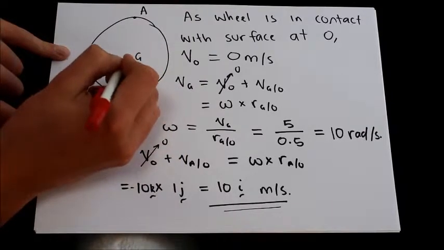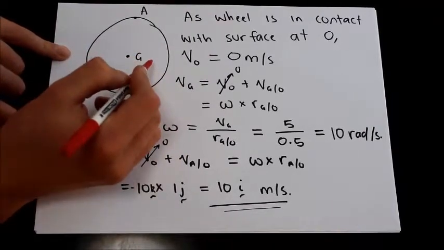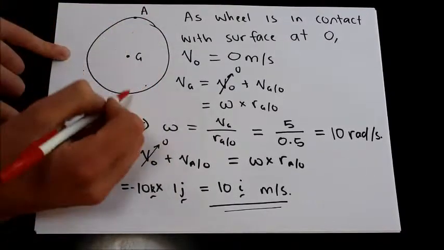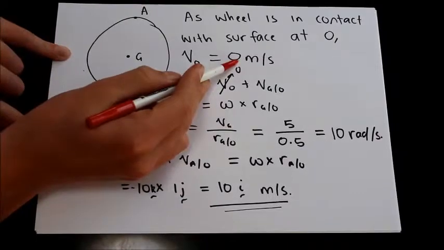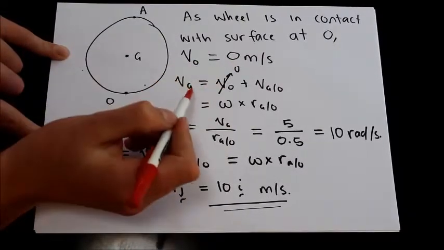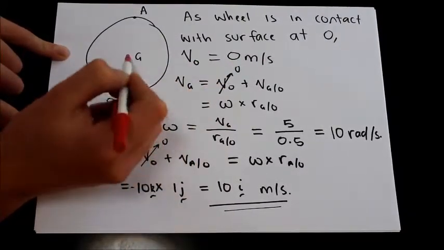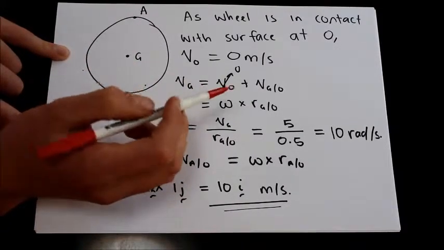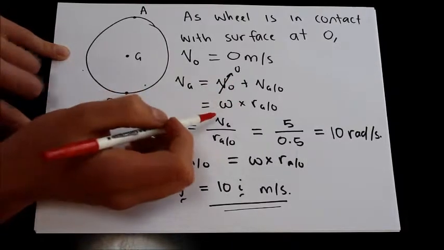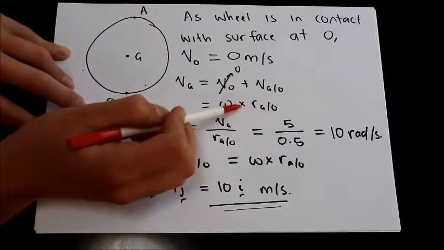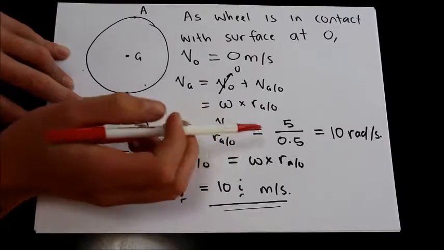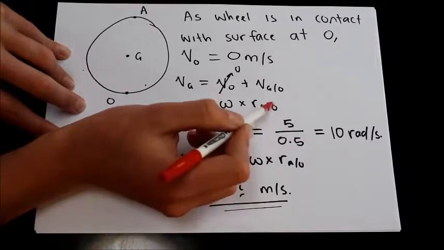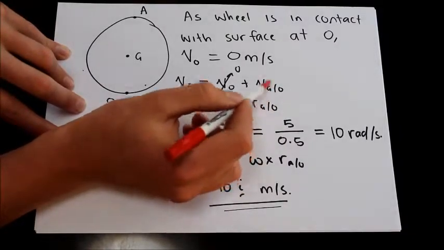We're given that the velocity at G is 5 meters per second to the right, and we know, based on our rolling problems, that the velocity at O is equal to 0 meters per second. So we use the velocity of G is equal to the velocity of O plus the relative velocity of G with respect to O. The velocity of O is instantly 0. So our equation simply becomes omega crossed with r of G with respect to O. Take note that the relative properties are of the same order as the velocity properties.